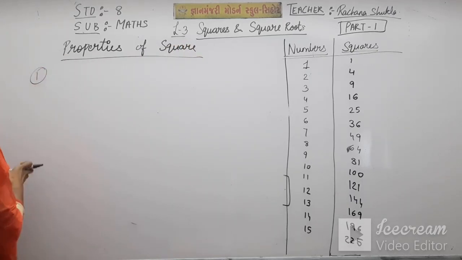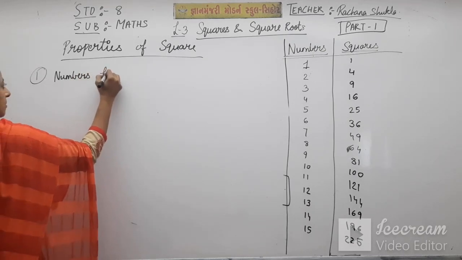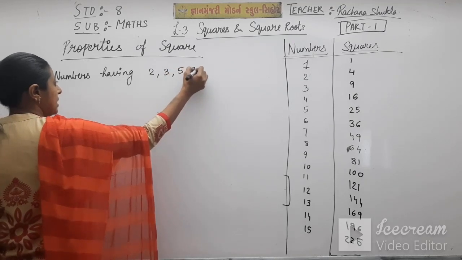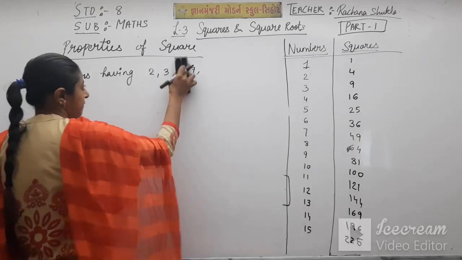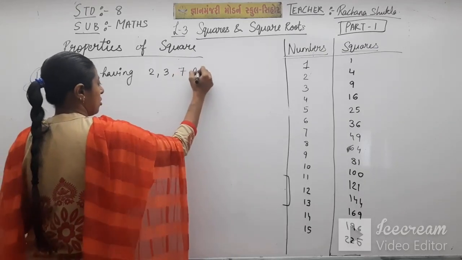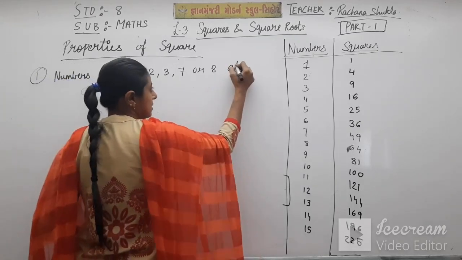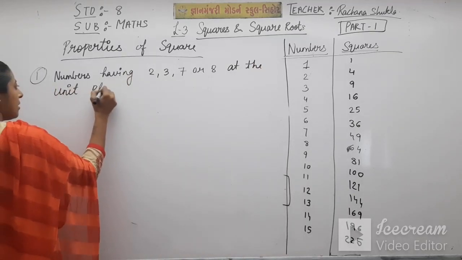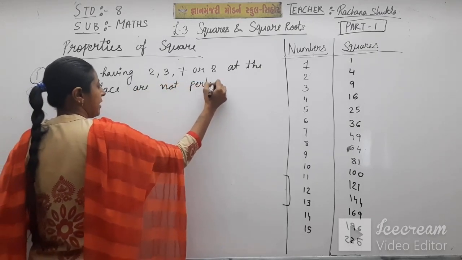First property. First I am writing the property. Numbers having 2, 3, 7 or 8 at the unit place are not perfect squares.